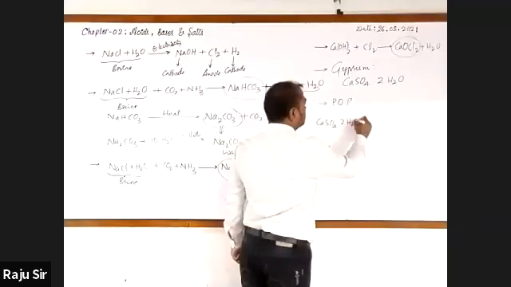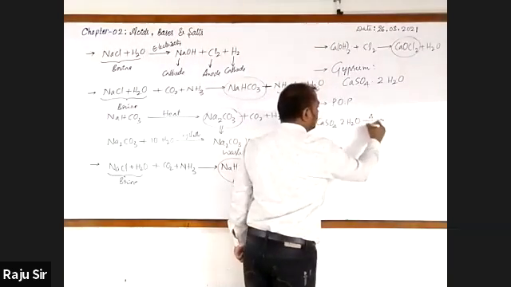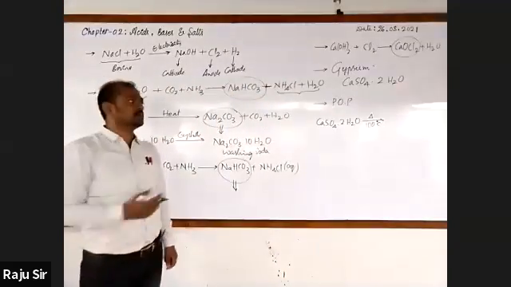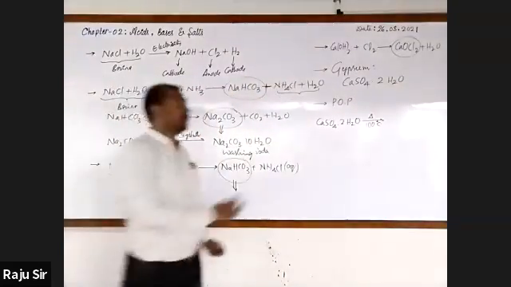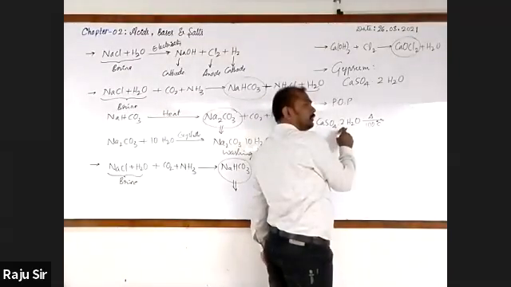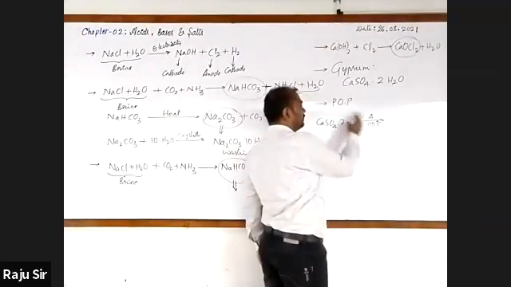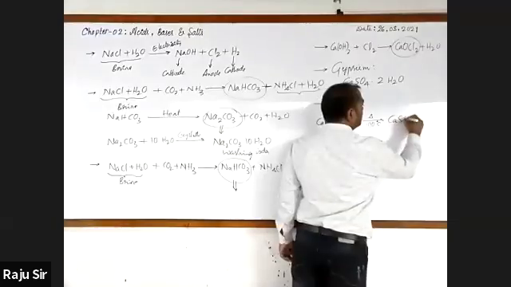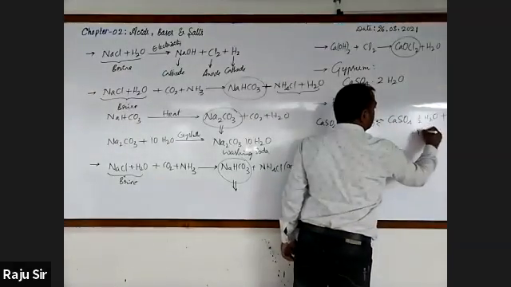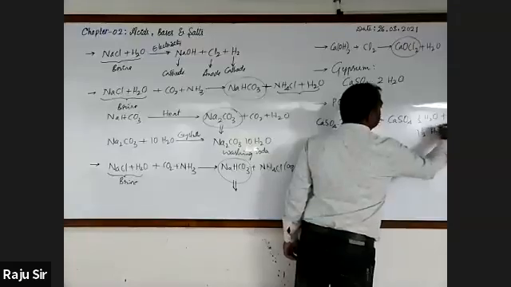Let this calcium sulfate dihydrate, nothing but gypsum, be heated to a temperature of 100 degrees Celsius, nothing but 373 Kelvin. Then it loses three-fourths of its water and produces a compound called CaSO4·½H2O plus 1½ H2O.